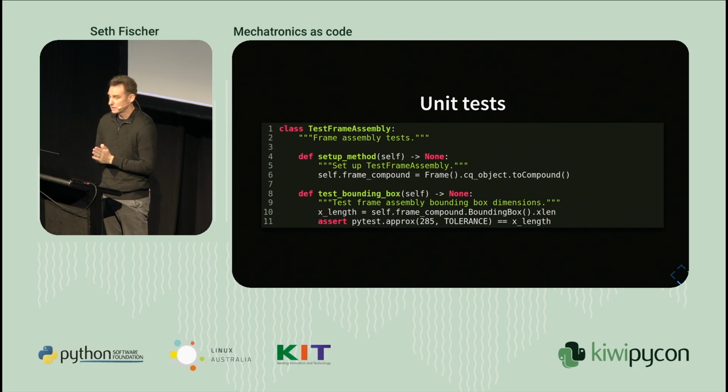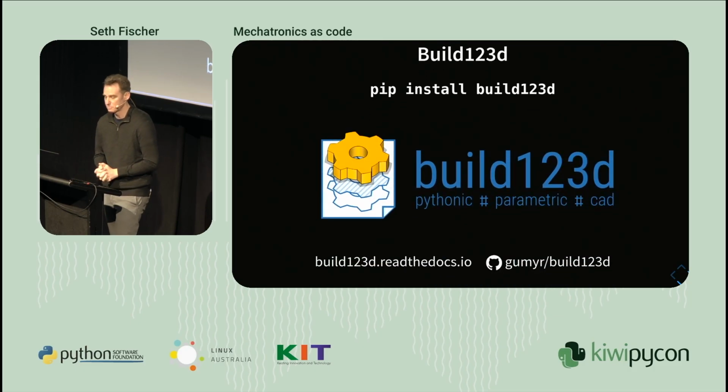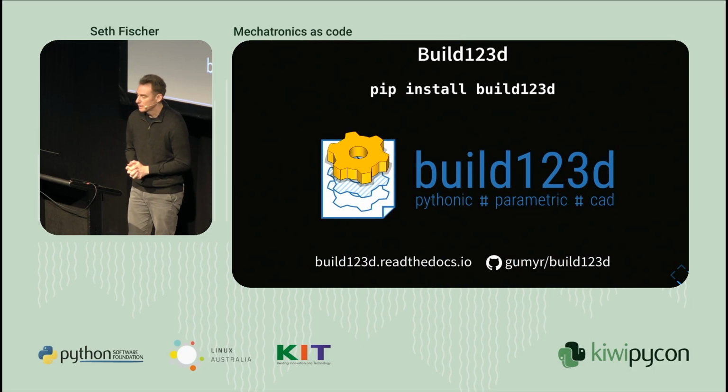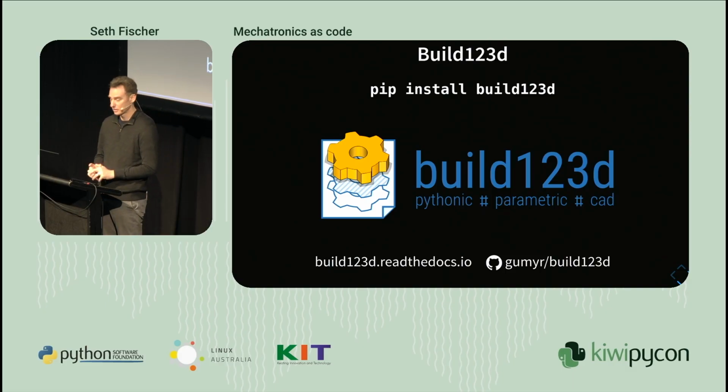So that's the end of the introduction to CadQuery. But before I finish off, I'd like to introduce build123d. It's also a Python CAD package, and like CadQuery, it's built on the Open Cascade CAD kernel. So if you're evaluating programmatic CAD packages, it's definitely worth a look.